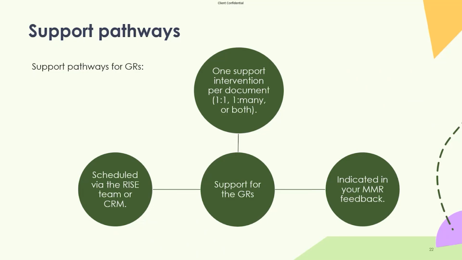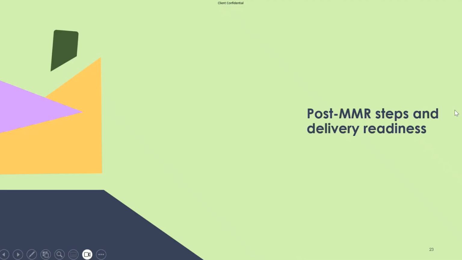This would also be indicated in your MMR as well as your mock TAC feedback, whether you have been given a specific recommendation, for example, for one-to-one support to improve your fraud management plan. The specific reasons and the specific levers of support to actually help you improve your FMBA quality would be mentioned as part of your MMR feedback or your mock TAC.